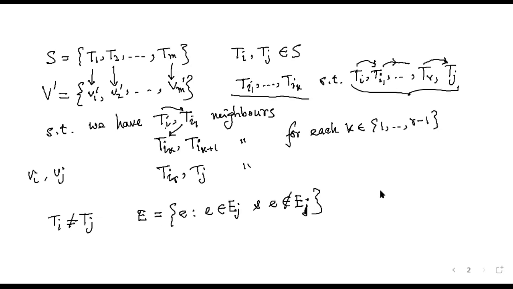So what will happen if we add this edge e to the set of edges that are in Ti? Ti is a tree, and if we add this edge e, we'll be getting a cycle, right? There will be a cycle somewhere because Ti is a spanning tree. Do I need to prove this or is this okay?